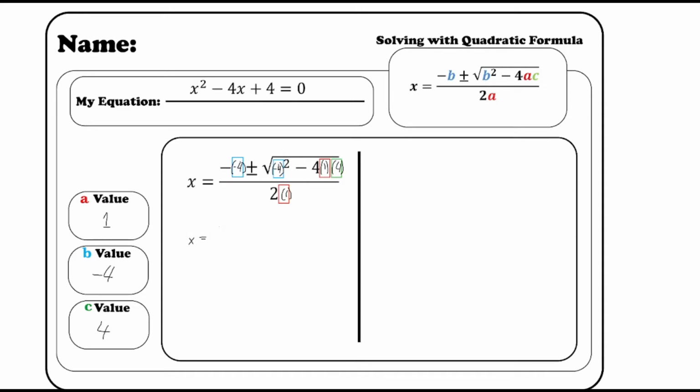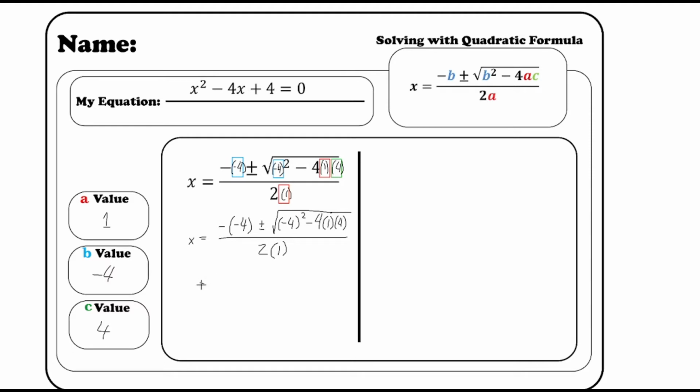So again, I will rewrite this. X is equal to negative of negative 4 plus minus the square root of negative 4 squared minus (4 times 1 times 4) all over 2 times 1.